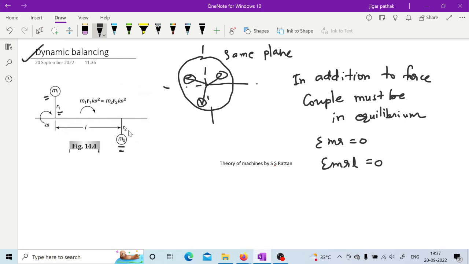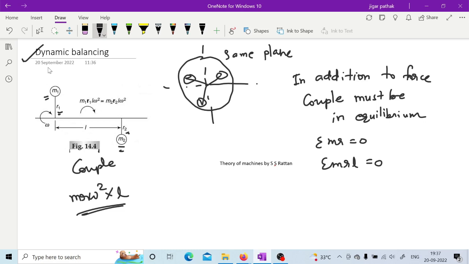So they can nullify that force in the opposite direction. But they are going to generate a couple, mr omega square into L. So in case of dynamic balancing, this couple generated due to these opposite forces must be balanced, right?